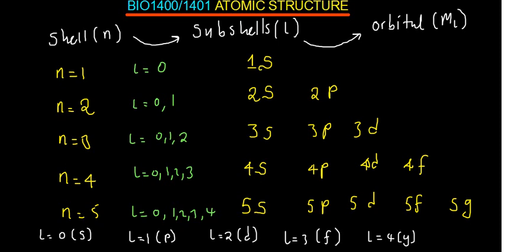Then what letter should we use for those orbitals? You are not interested in knowing that when L is bigger, just know from S to G. And you rarely use these two. So the most important is S, P, D. But for that sake, I've also introduced F and G. What comes after is none of our interest.